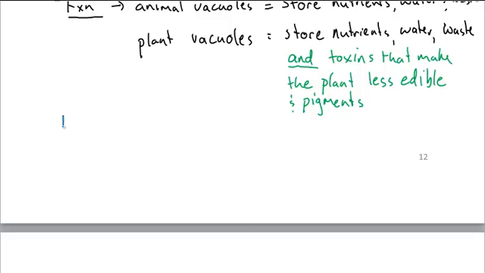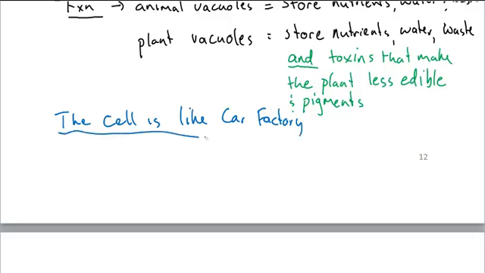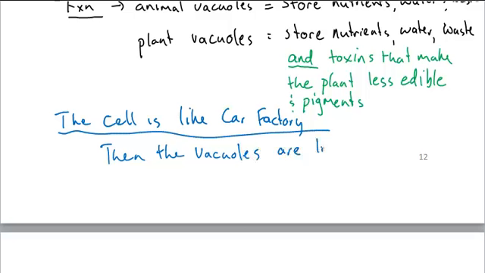So if the cell is like a car factory, then the vacuoles are like storerooms, cupboards, and drawers.